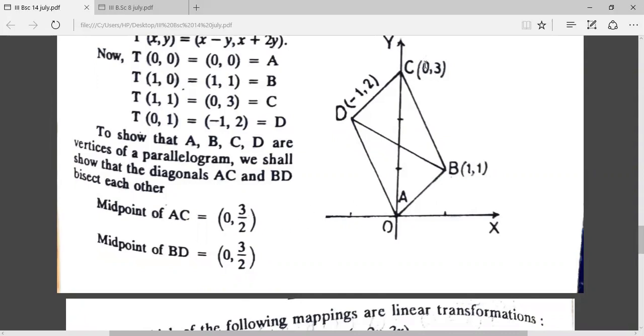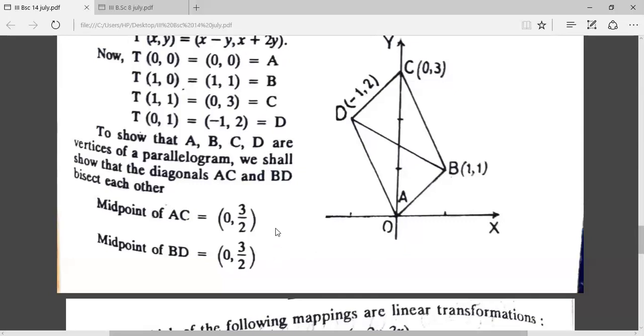This is the midpoint of AC, that is this point of intersection, remember. Next, the midpoint of DB. Again, you have to add the corresponding x components. -1 plus 1 divided by 2, what you will get? 0. 2 plus 1 divided by 2, that is 3 divided by 2.